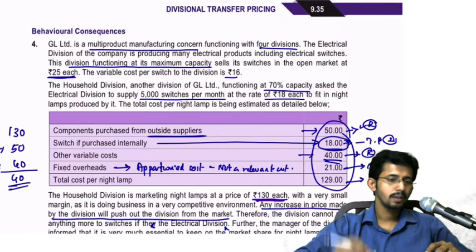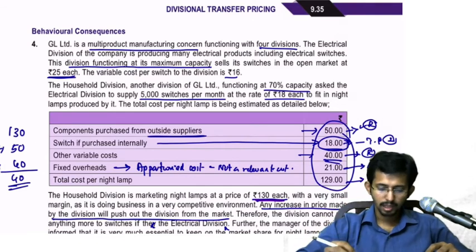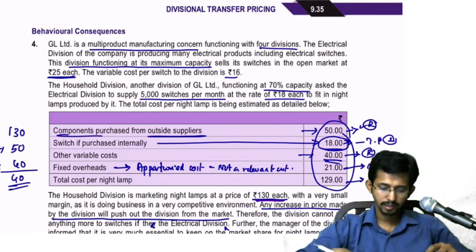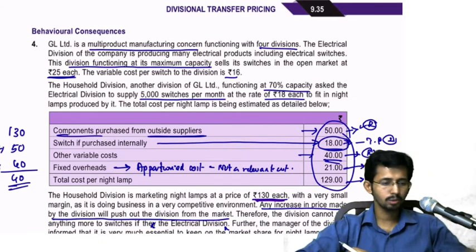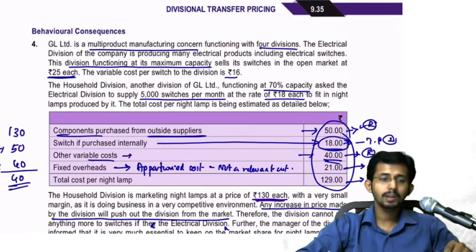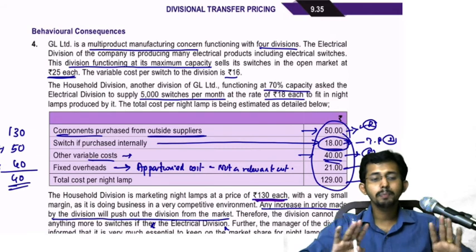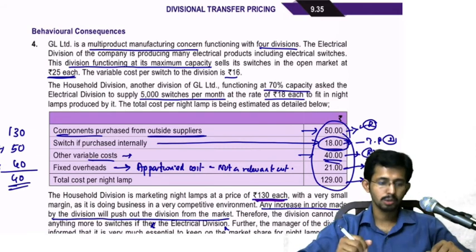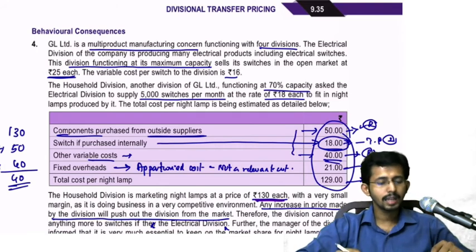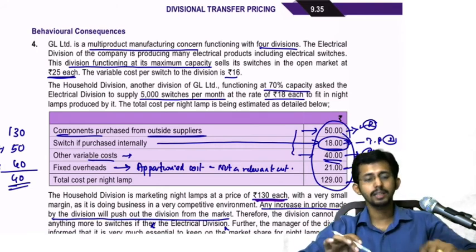Because when they get 130 rupees, out of the 130 rupees, 50 rupees will have to be paid for these components. Then 40 rupees have to be met on account of variable cost. And what about this 21? It need not be paid because it's only an apportioned cost. So the out of pocket expense is only 50 plus 40, 90. So that means they are having a surplus of 40.